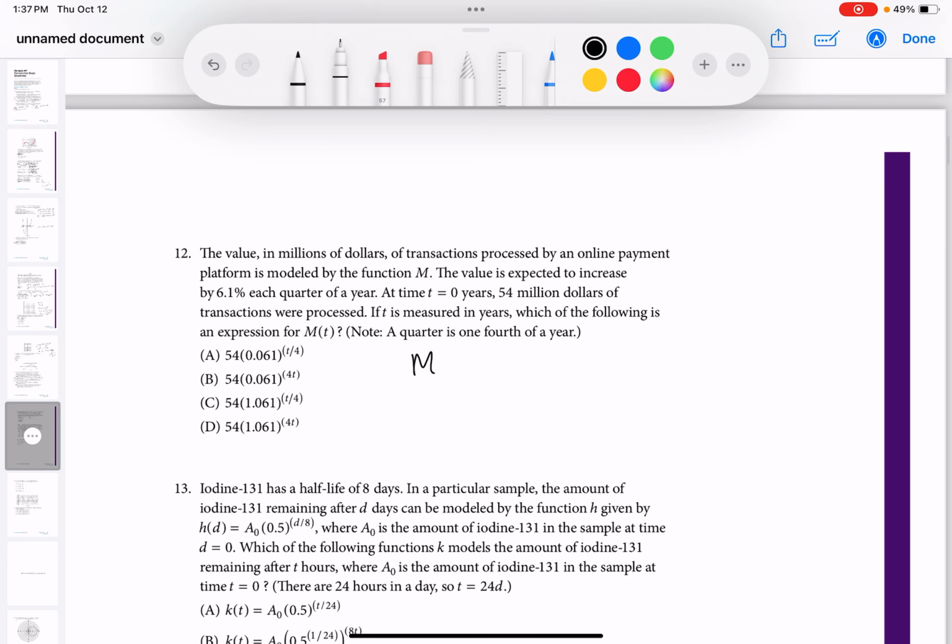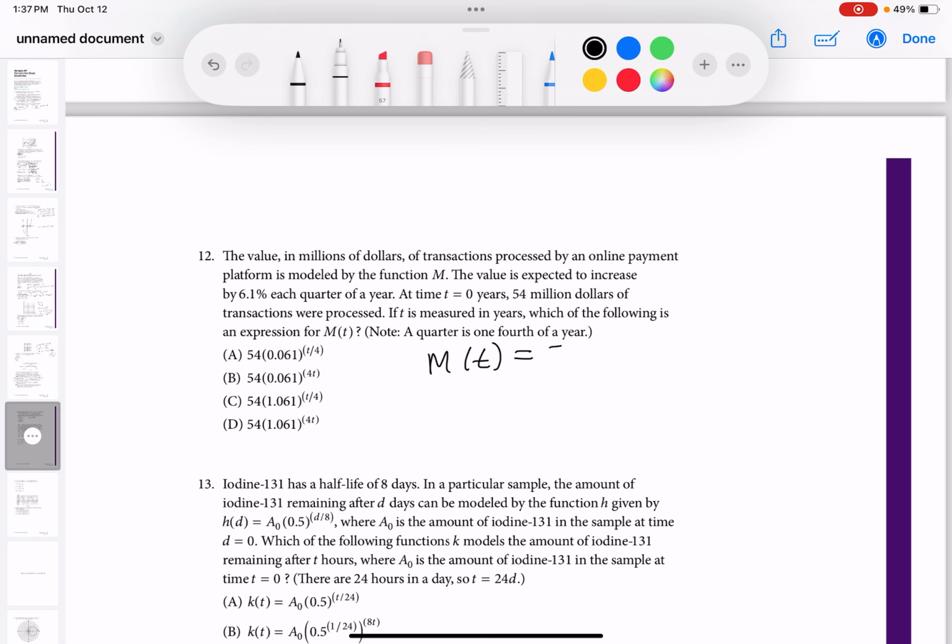So I'm going to say m is some function of time. All right. So the value is expected to increase by 6.1% each quarter of the year. So at t equals 0, the amount is 54. And then it's going to be 1 plus, well, I'm going to put the percent down as 0.061. And this is happening 4 times a year, by the way.